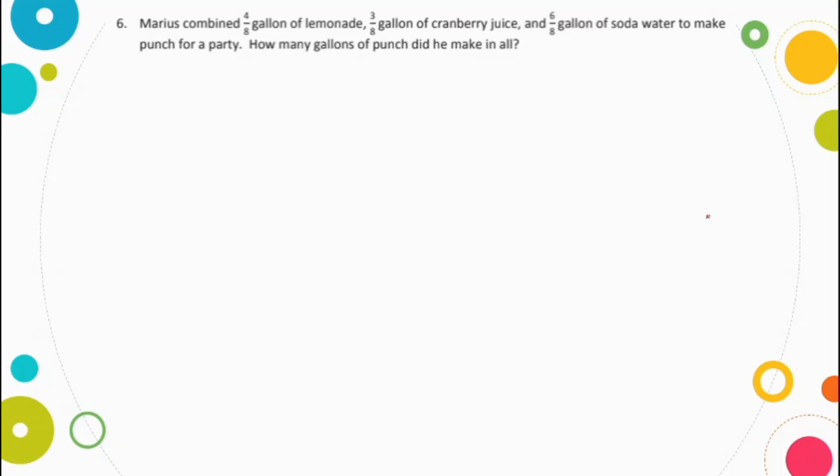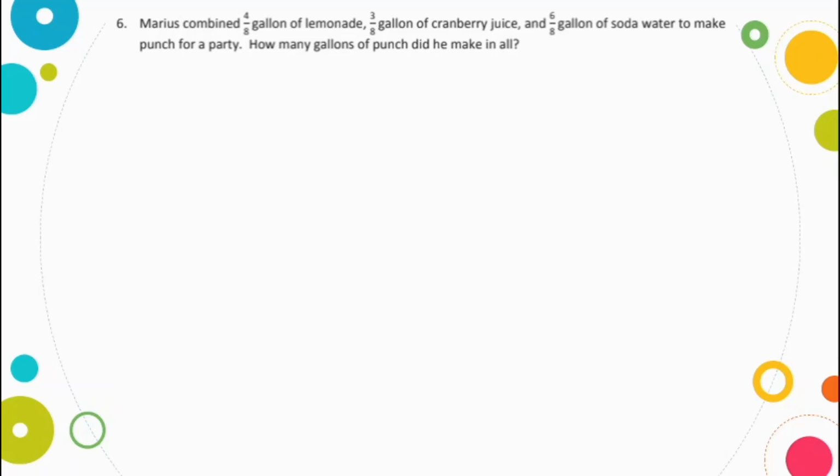Alright. I think this is the last problem for today, so it's pretty quick. Okay, so this is problem number 6, and let's go ahead and read it. Marius combined 4/8 gallons of lemonade, 3/8 gallons of cranberry juice, and 6/8 gallons of soda water to make punch for a party. How many gallons of punch did he make in all?